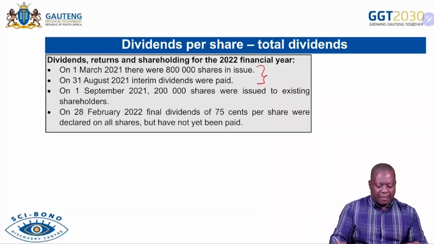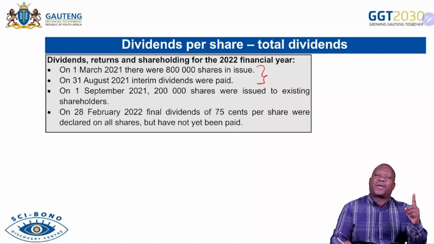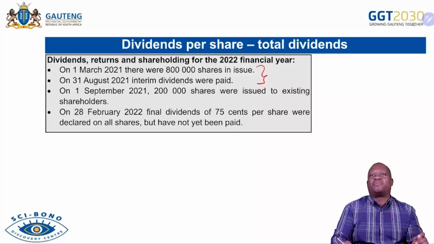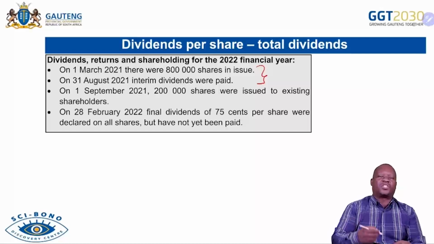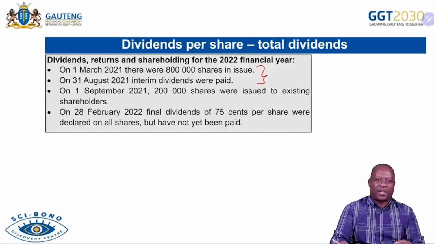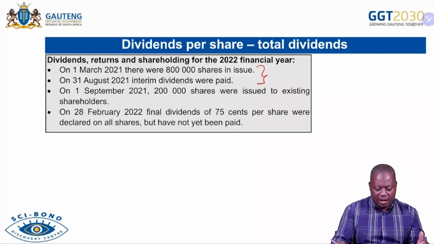On 1 September 2021, 200,000 shares were issued to existing shareholders. So 800,000 shares were in issue at the beginning of the period, and then during the year, we issued another 200,000 shares. And I'm thinking, how many shares are in issue as we are on the 1st of September now?